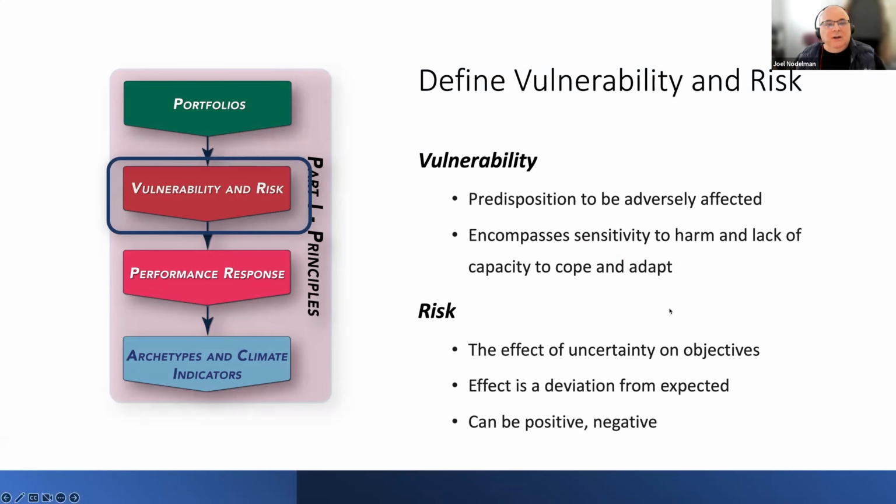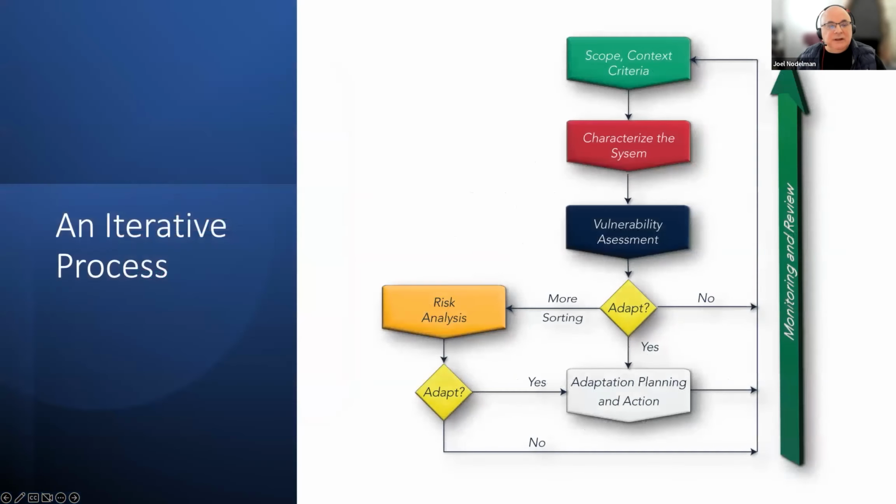So vulnerability is a predisposition to be adversely affected, and it includes capacity and ability to cope. So we'll get to that in a minute. And risk is the effect of uncertainty on our objective, and it can be positive or negative. So these are very standard risk definitions.